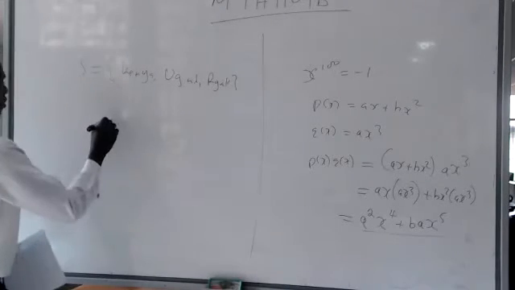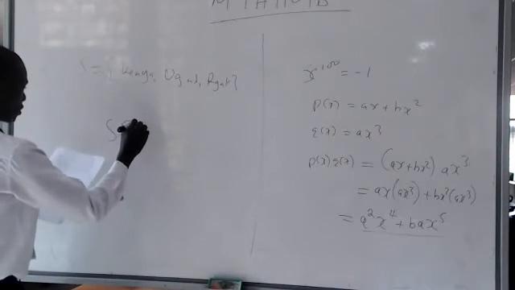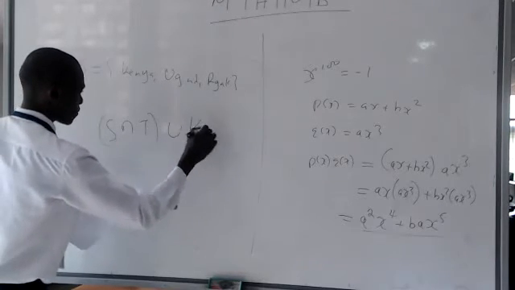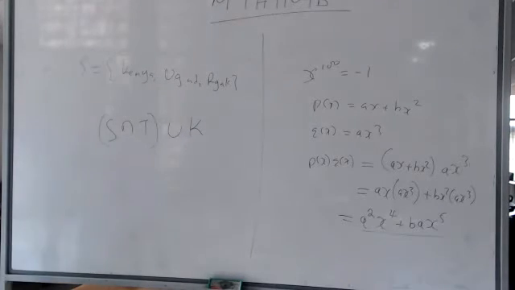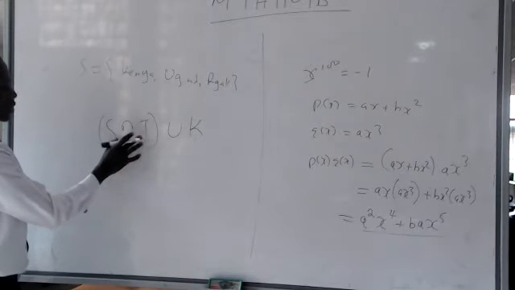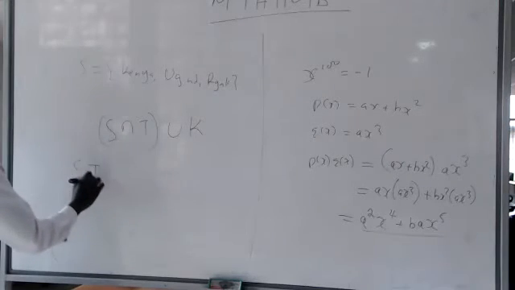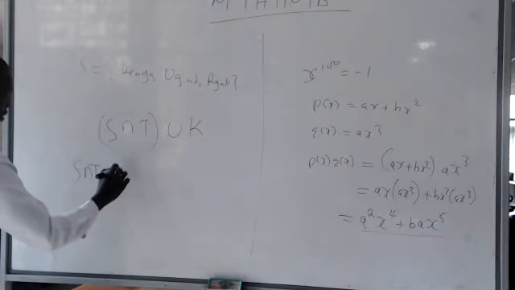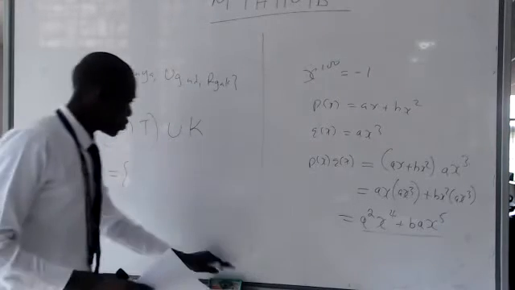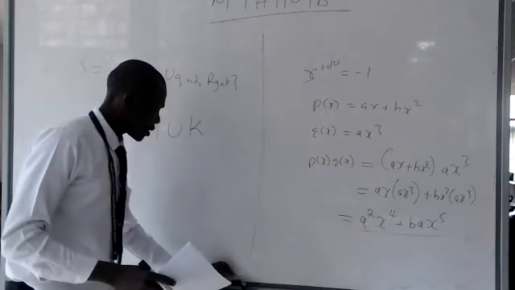I've been asked to compute S intersection T union K. Okay, so because of this bracket, first of all, we compute S intersection T. How did we define intersection? Can someone remind us of the definition of intersection of sets? How do you find the intersection of sets?